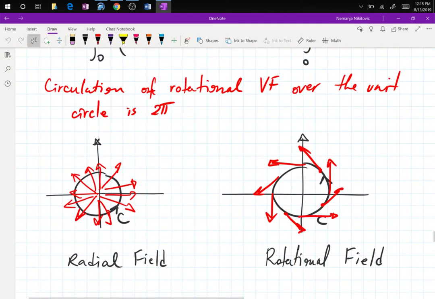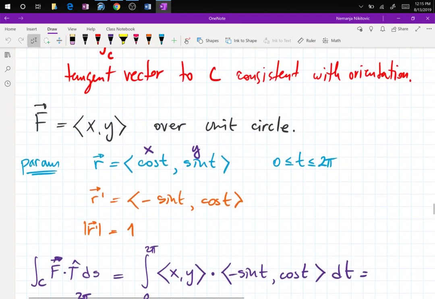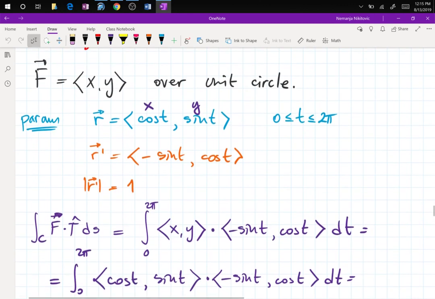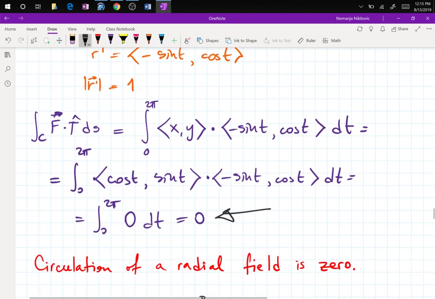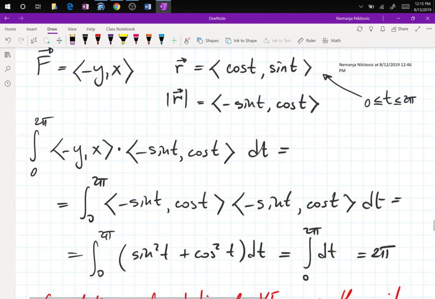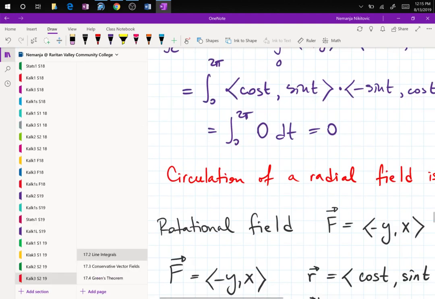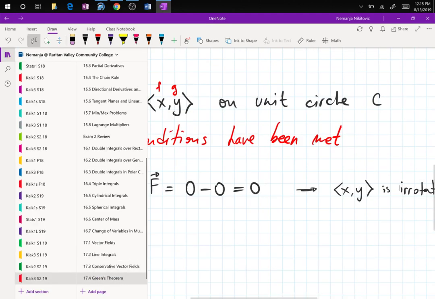Here's a radial field. We did the radial field first. We did the whole procedure and came up with 0. Now, I'm using the same radial field, but through Green's theorem, I have to get to 0. Well, we are already on a good start, right? Because the curl is 0.